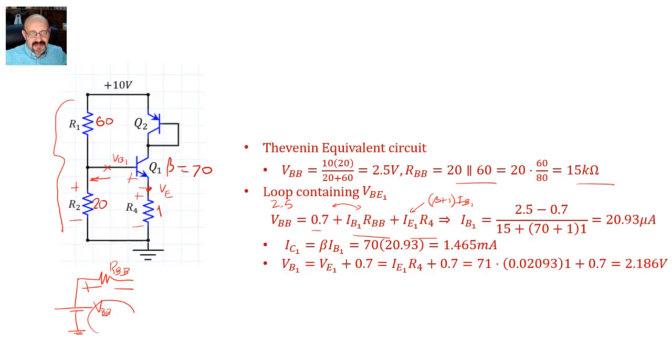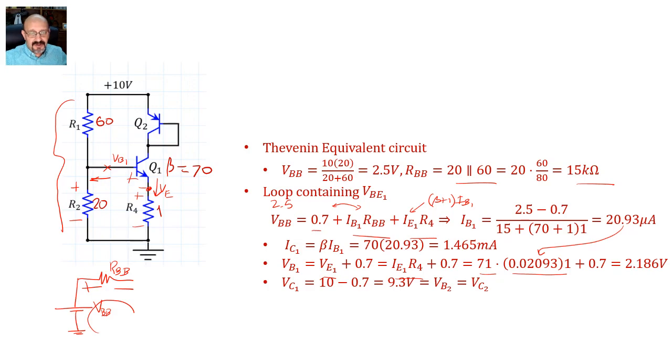Now the voltage on the emitter is the emitter current that we already found times R4, which is beta plus 1 times the current on the base, plus 0.7.